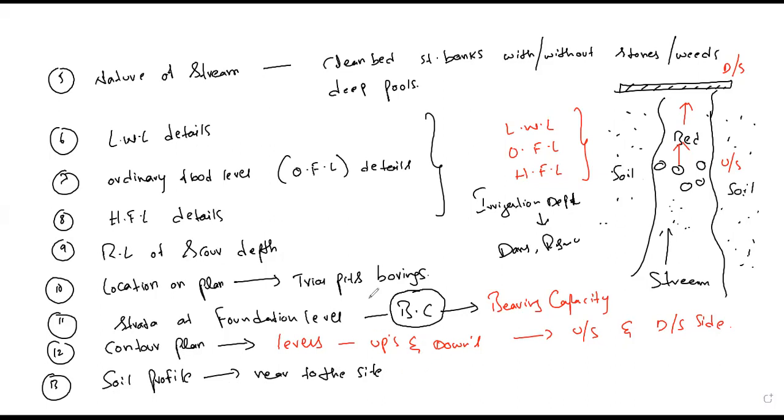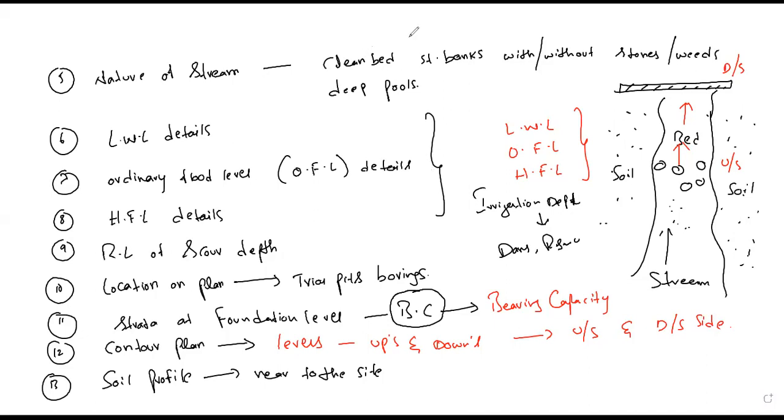Understand? So this is the data required in terms of nature of stream. We can't expect to design bridges just like that; we need a lot of data to design the bridge. So this is the third major head, which is the data required for the nature of the stream.